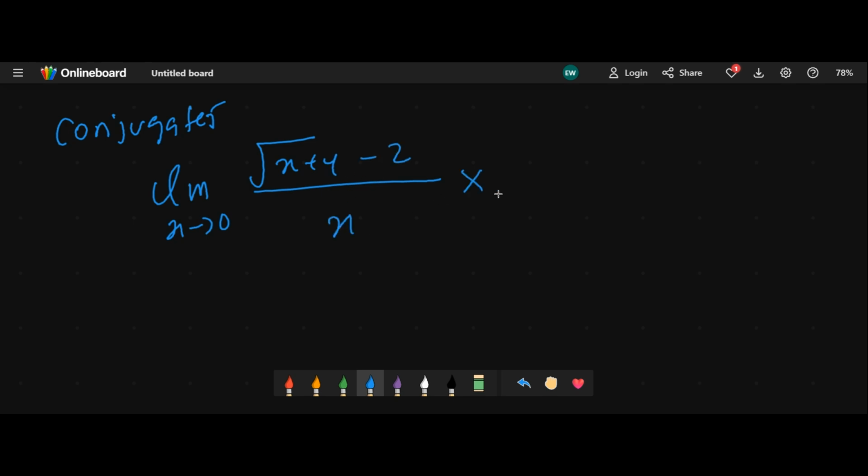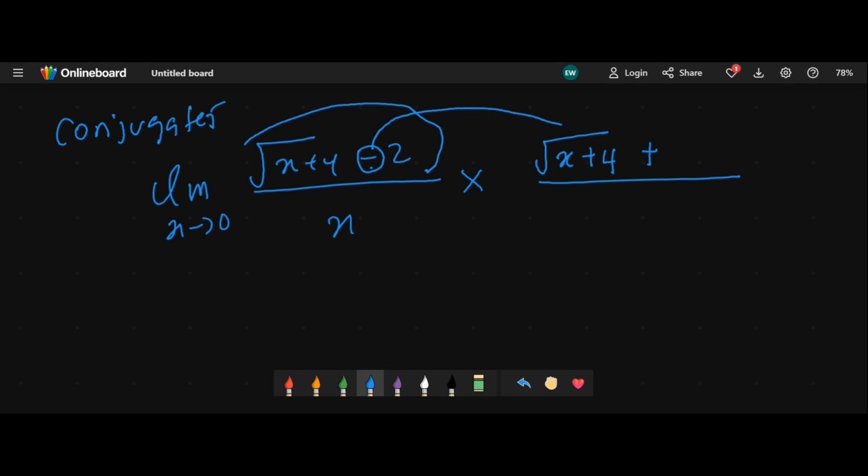You have to multiply the numerator and the denominator by the same thing: square root of x plus 4, but instead of minus put plus. If it is minus, put plus; if it is plus, put minus. So square root of x plus 4 plus 2. The numerator and the denominator are the same, so what we are doing is multiplying by 1.